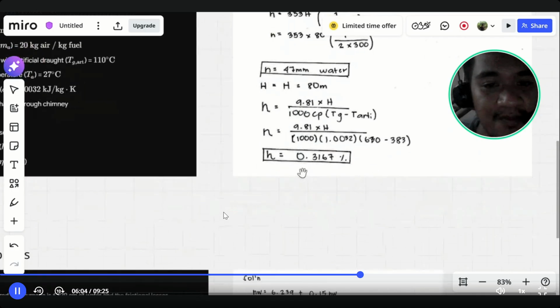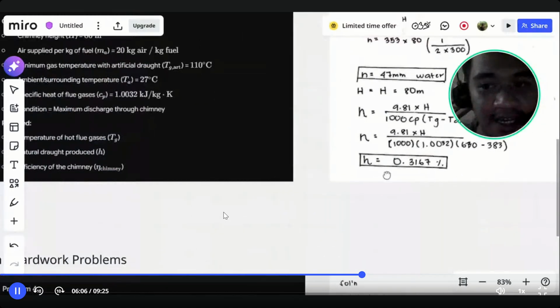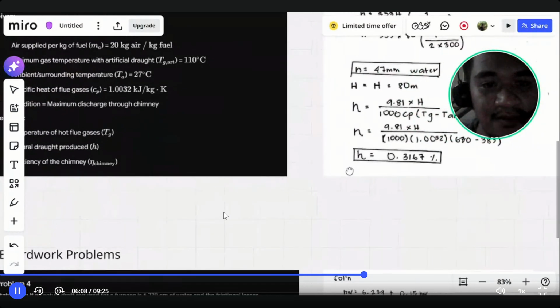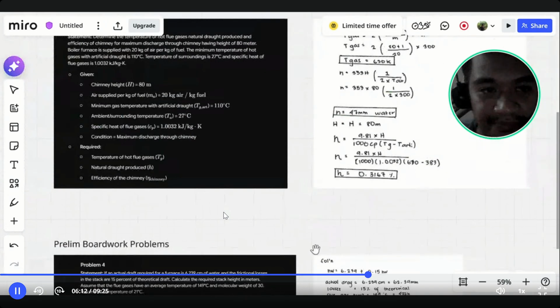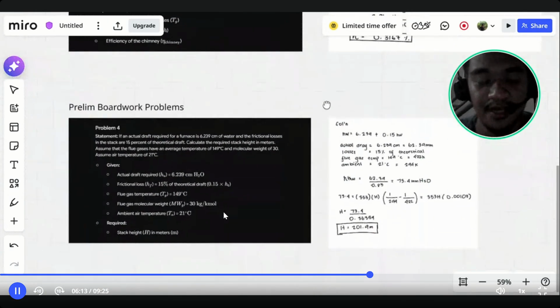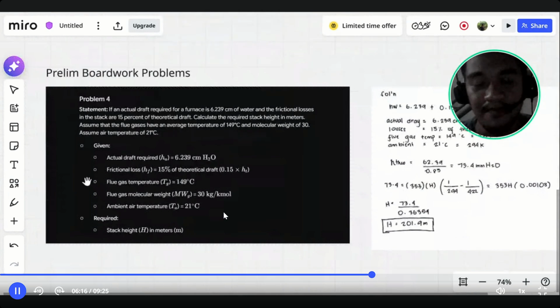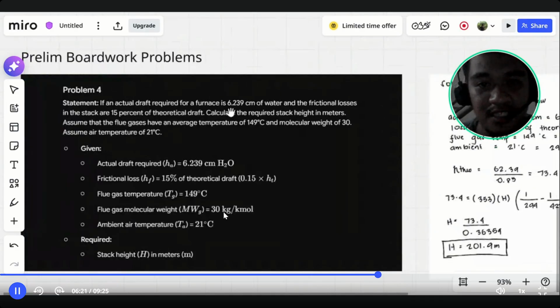So we have computed the answer for the efficiency of the chimney, which is 0.3167%.